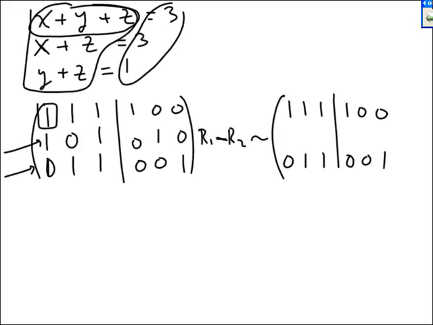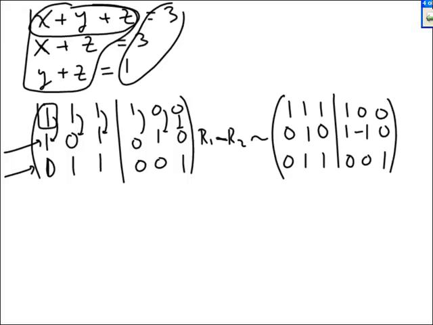The second row, subtract. 1 minus 1 is 0. 1 minus 0 is 1. 1 minus 1 is 0. 1 minus 0. 0 minus 1. And then 0 minus 0. Okay. Column 1, complete.